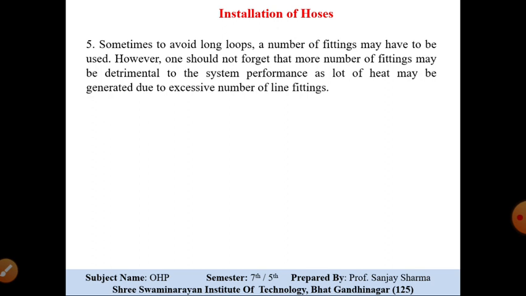If you use excessive fittings, there is a chance of generating a lot of heat. So if there are a number of line fittings in the system, there is a chance of generating excessive heat. So it's very important that longer loops are avoided, small fittings or junctions or connections are used, and these connections should also be limited to a particular number.